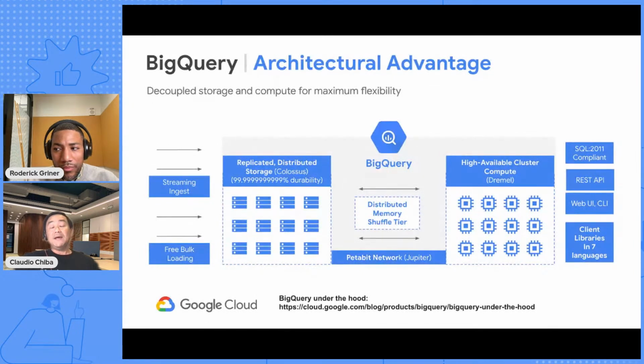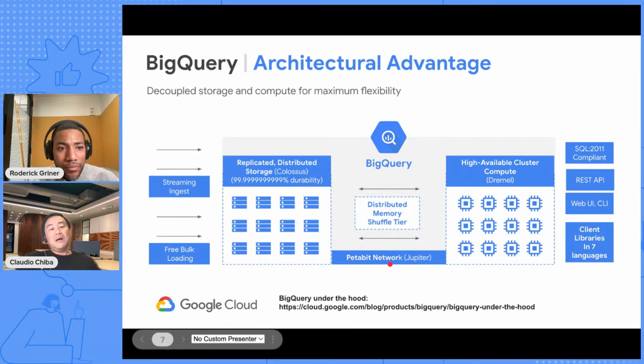Instead of communicating directly with one another, they use the memory shuffle tier to store intermediate results. All this data movement is facilitated by Jupiter, our super fast Google-scale network.